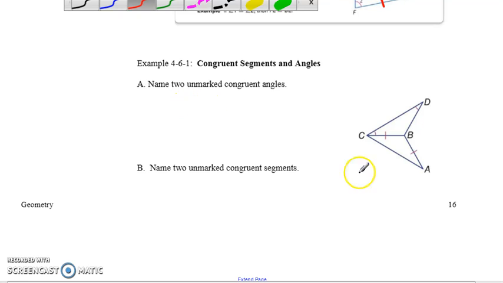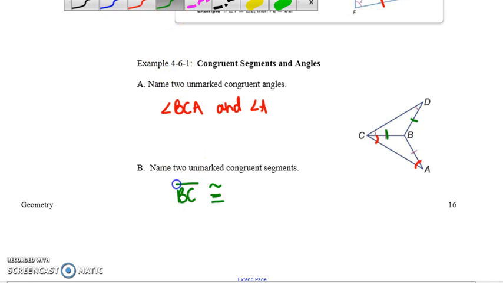So that would be angle BCA and angle A. And then two unmarked congruent sides, well, that would have to be BC here and BD, this one right here and this one right here, because these are marked but not these two when we know those angles. So BC congruent to BD.